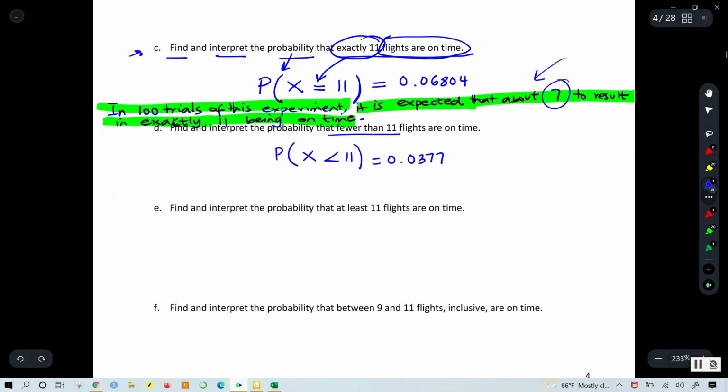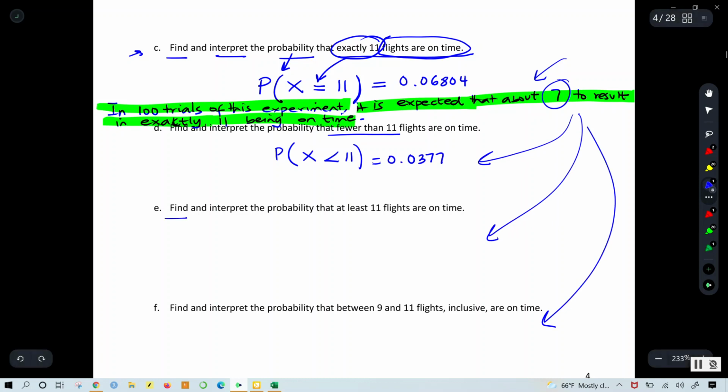So that is interpreted as in 100 trials of this experiment, it is expected that about 7 will result in exactly 11 of the flights being on time. A similar interpretation can be given to every other one here.